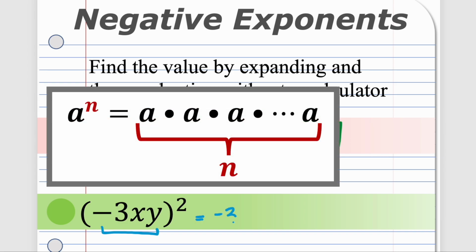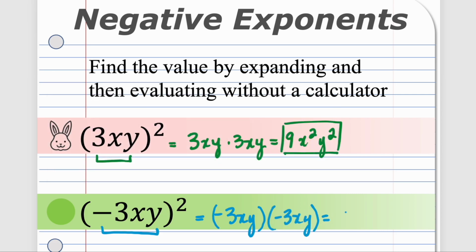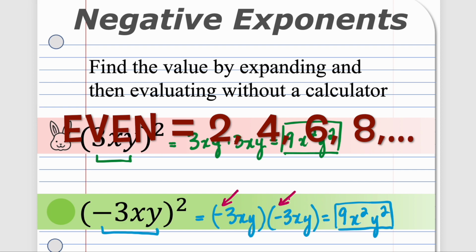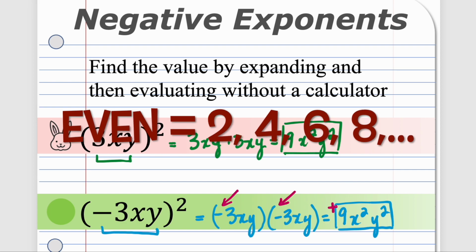Negative 3xy is being repeated twice, and we get negative 3 times negative 3 is positive 9. x times x is x squared, and y times y is y squared. Same answer, because an even number of negatives will result in a positive answer.